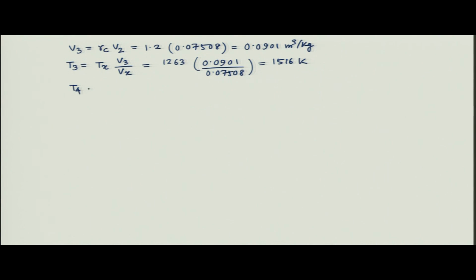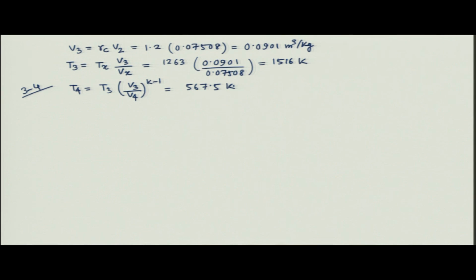T3 to 4 is an isentropic process. So, I can find T4 as T3 times V3 upon V4 to the power of k minus 1, and if you substitute the numbers you will find T4 as 567.5 Kelvin.